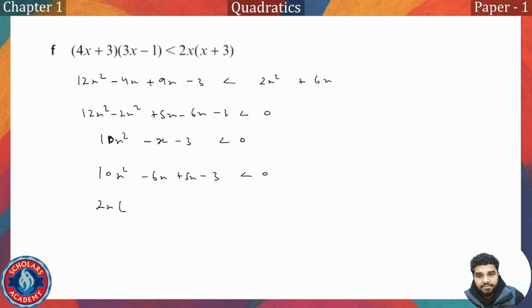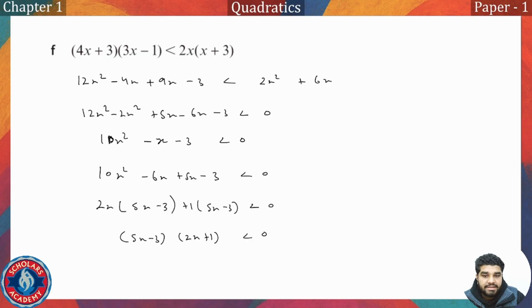We take 2x common, we get 5x minus 3, and if we take 1 common, 5x minus 3 is less than 0. So 5x minus 3 and 2x plus 1 is less than 0. So the factors are these and the zeros are x equal to 3 by 5 and x equal to negative 1 over 2. So these are the two zeros.